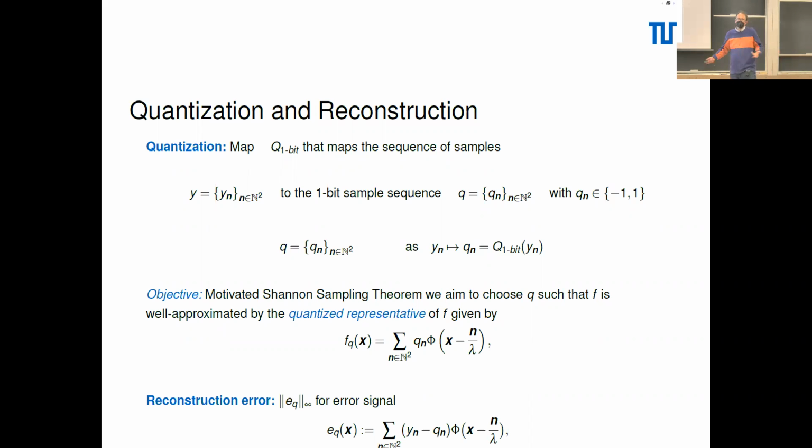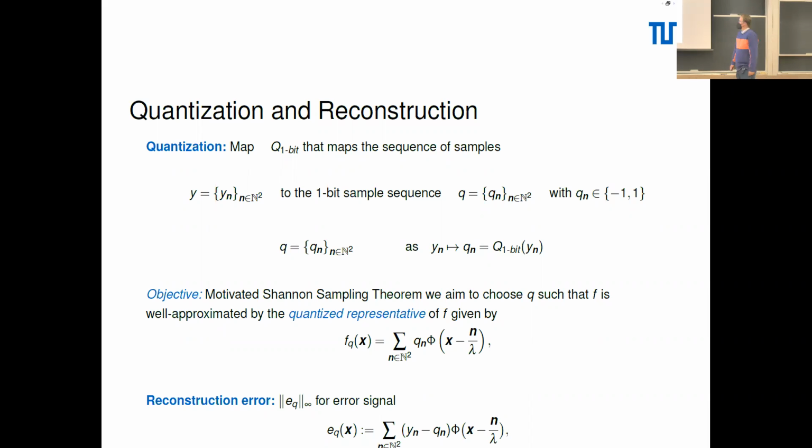We can certainly choose all q's to be 1. When is it good? We are taking the qn and putting them in the function in the position of yn, and what we want is that this resulting function is close to the original function.